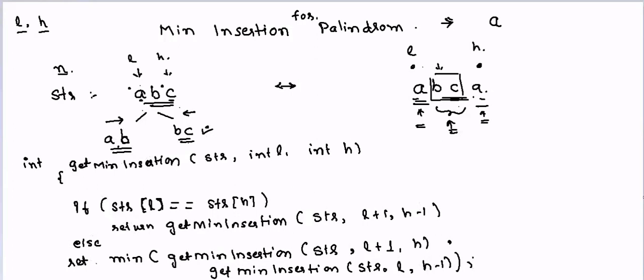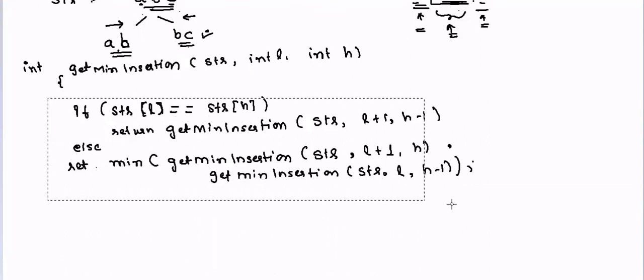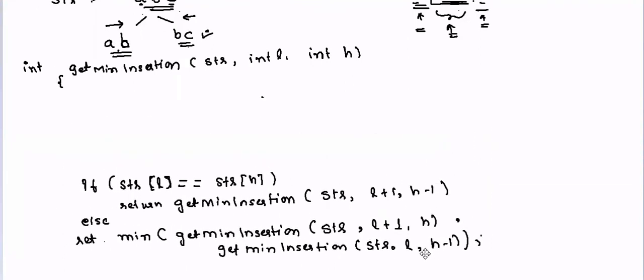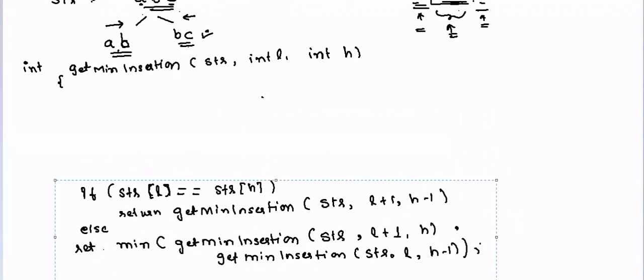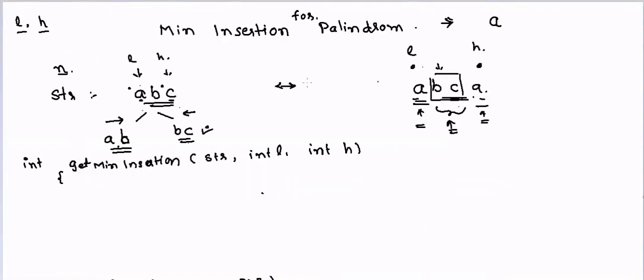So let's see what should be our base cases. Let me put this whole code or pseudo code below so that we can understand which kind of base cases we need to cover. So let's think in this way. Over here we have two indices, L and H. Obviously, if L is greater than H, because we want to see starting L and ending H, if they got swapped, then there is no way that this string can be converted into a palindrome.